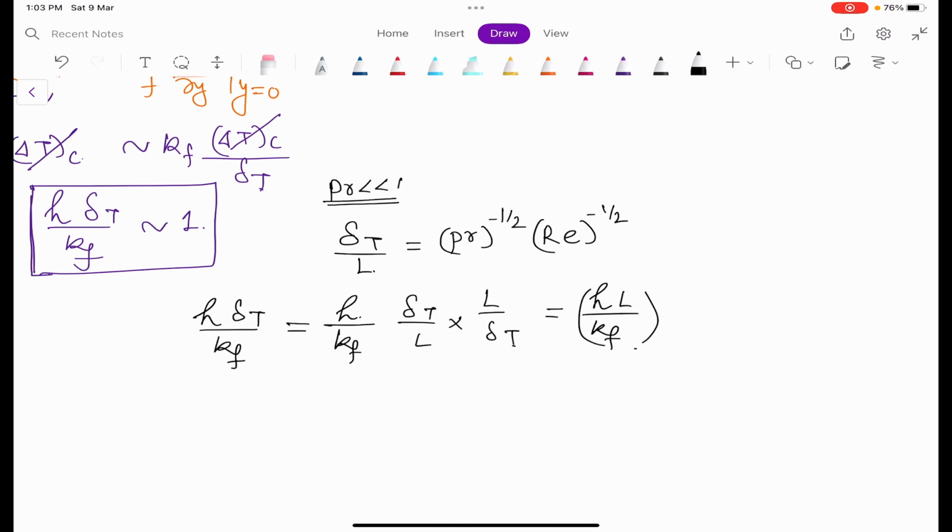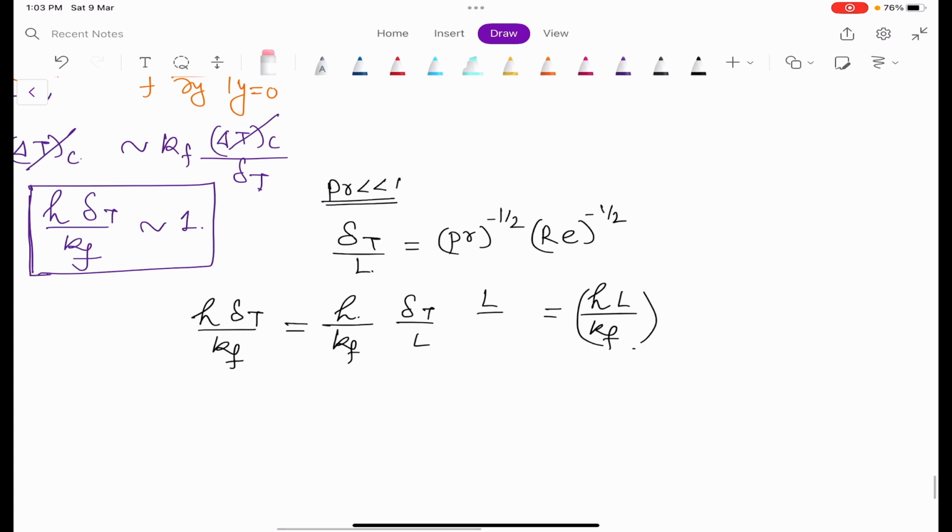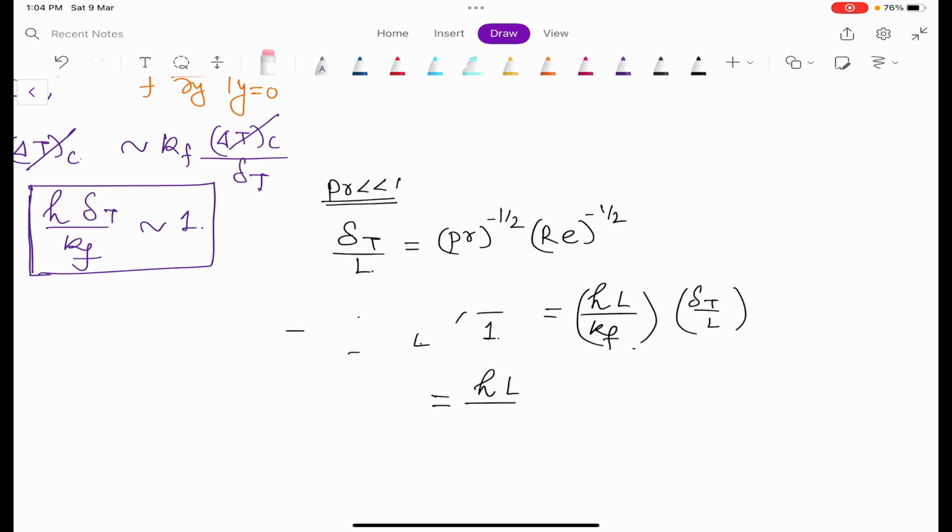Am I doing the right thing? Here I have written an extra delta t. I have multiplied an L here and an L here, so this is delta t by L, and so this is hL by kf.